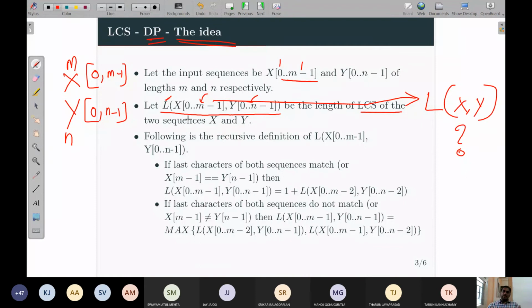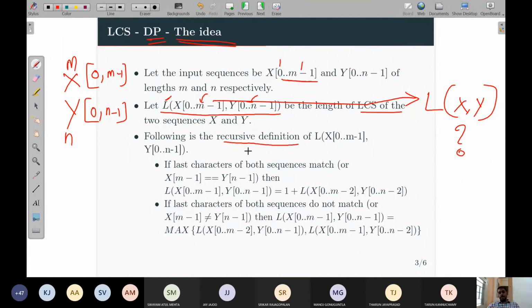So L is the letter that we use for longest common subsequence. L of XY: X is the first sequence, Y is the second sequence. What is the value of this? That is the question. The following is a recursive definition. Dynamic programming often employs the idea of recursion.